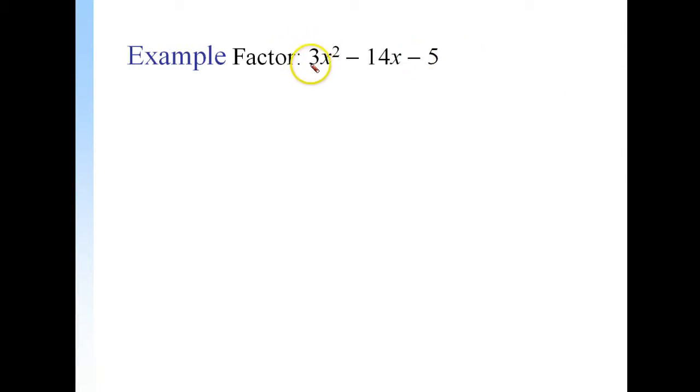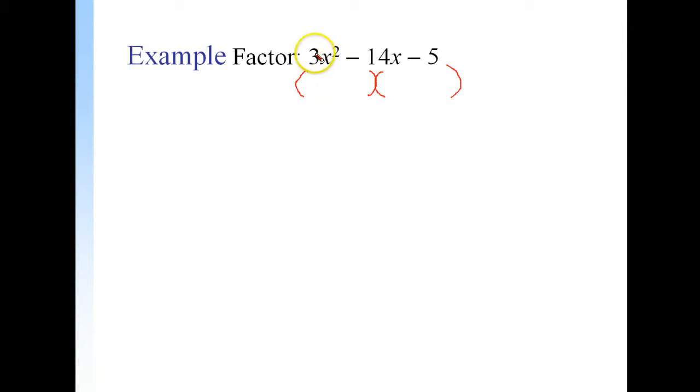Notice our A term is a 3. 3 is a good one, by the way, to start with. Is it in standard form? Yes. Can we factor out any common factor? No. So the next thing we do, put two sets of parentheses, just like we did before.